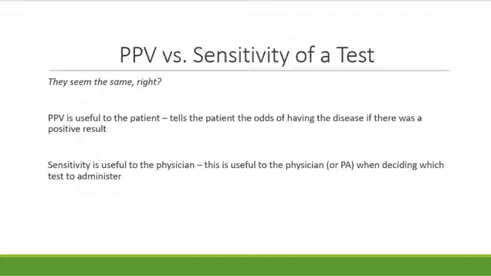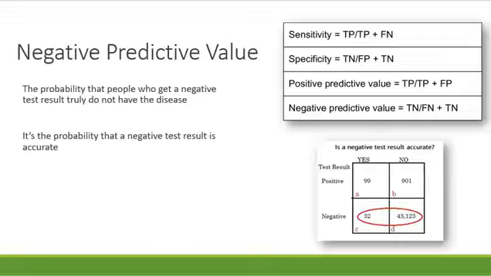You might want to use that test because of those people that have it, it correctly identifies 80% of the people who have it as having it. So you might like that test as one of the tests that you would use. But the positive predictive value is interesting for the patient because that may be different, where maybe the positive predictive value means that there's only a 20% chance that they have the disease in actuality.